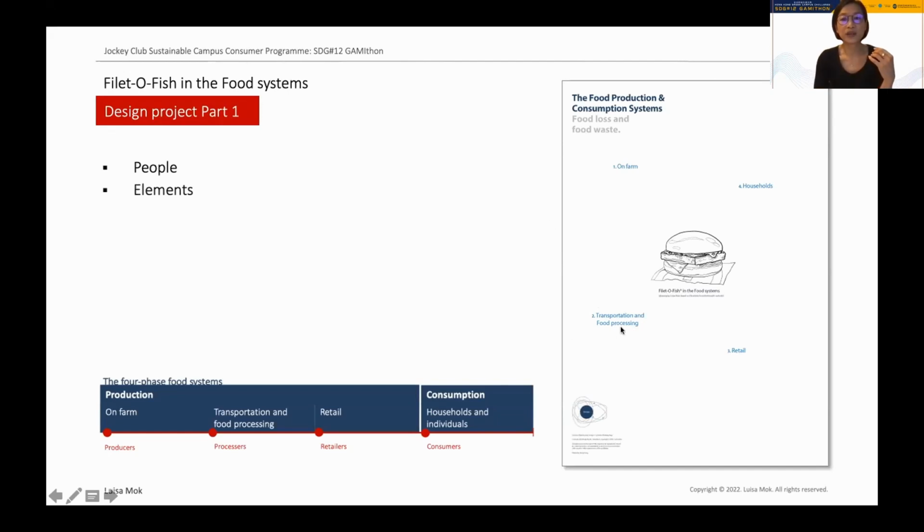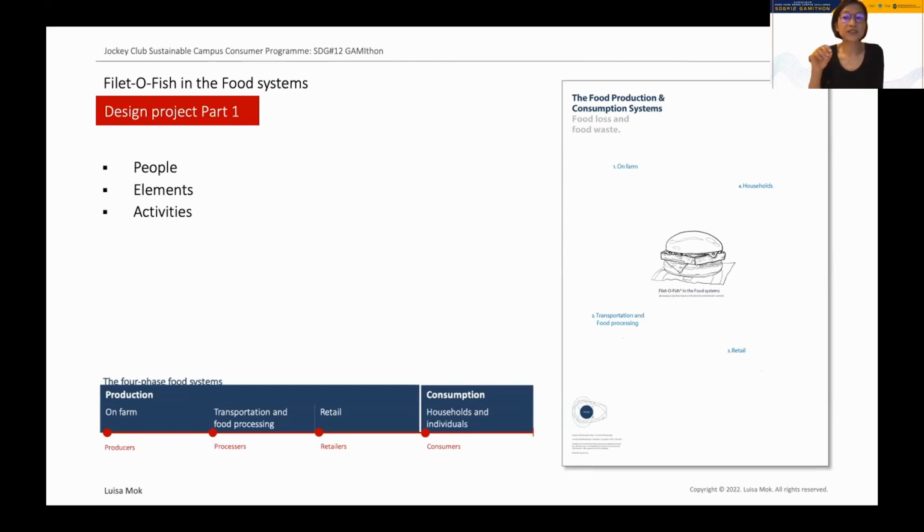For example, in transportation, you need the trucker to carry the food, fish containers to hold the fish, or a refrigerator to freeze the food. And also their activities. For example, driving is an activity, cooling is also an activity, and selling in retail. Selling the fillet of fish is also an activity.